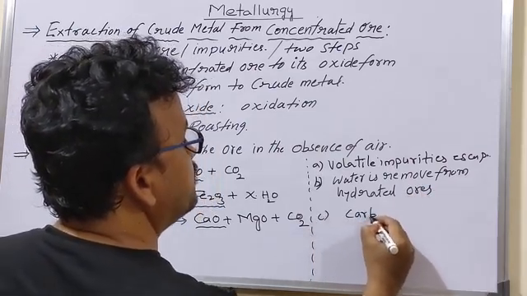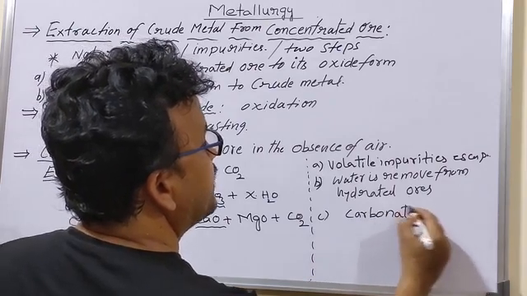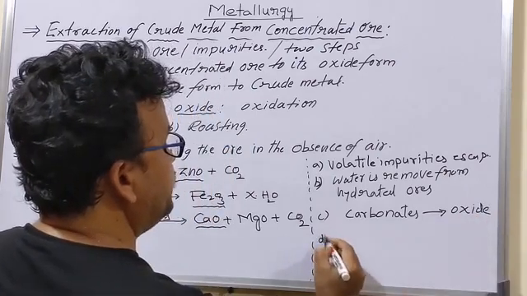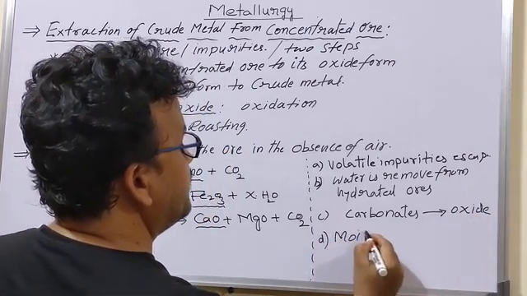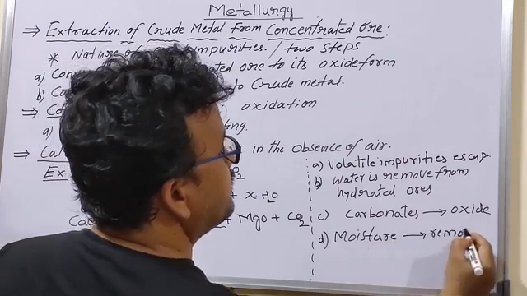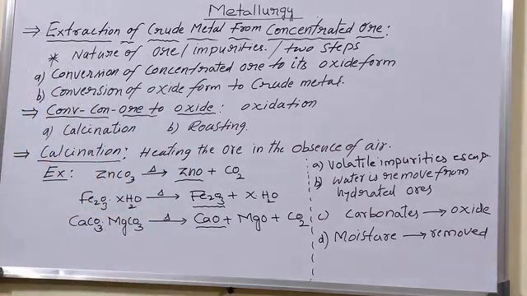Carbonates are converted to oxides. If any moisture is there, that moisture is also removed. These are the changes that take place during calcination.